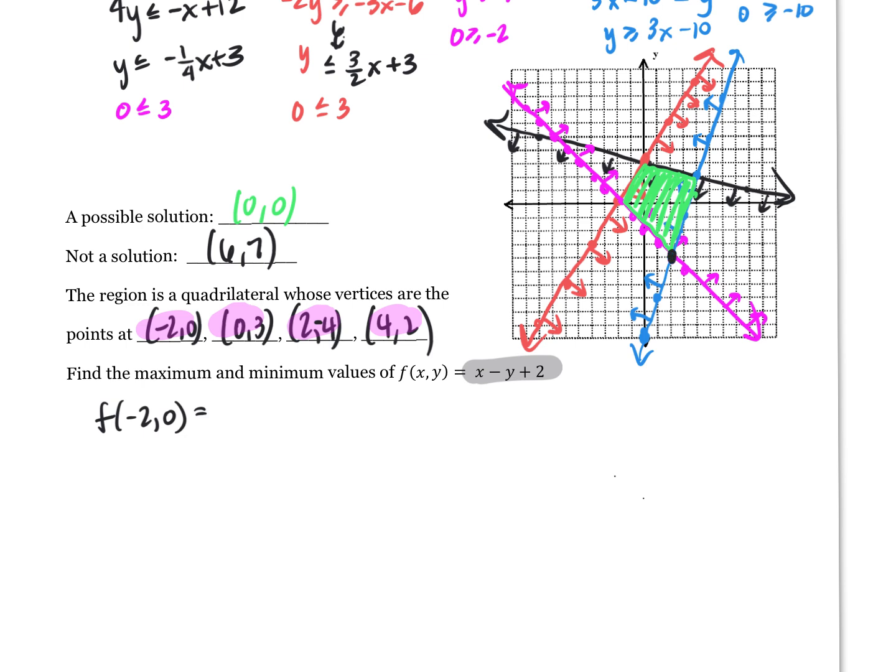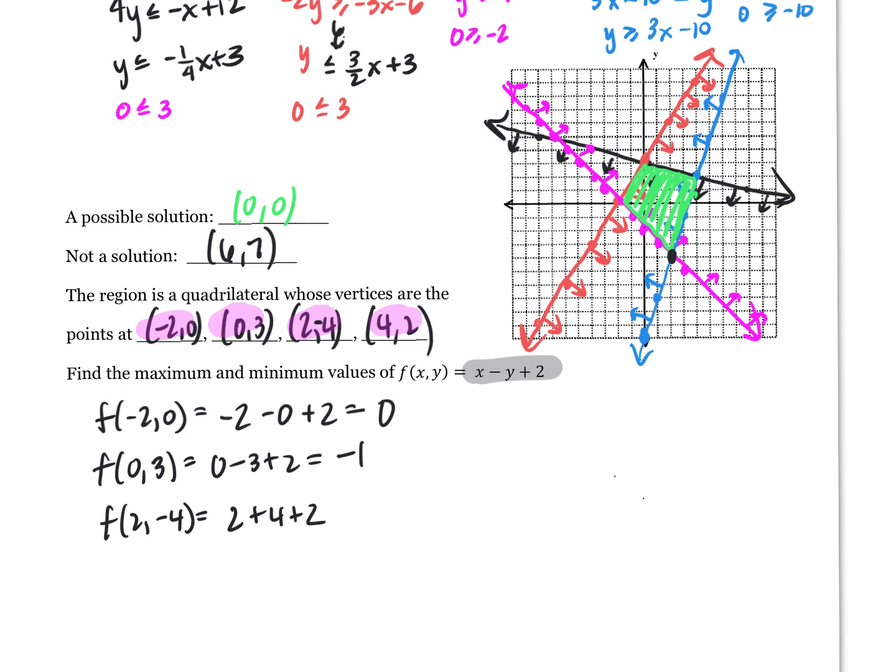When we plug in negative 2, 0, what would you get? 0? Yes. Great. If I plug in 0, 3, negative 1? Would you agree with that? Yes. 2, negative 4. Ms. Tony, I have a question.